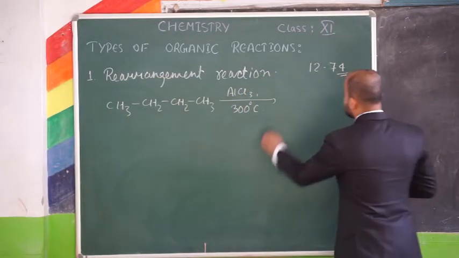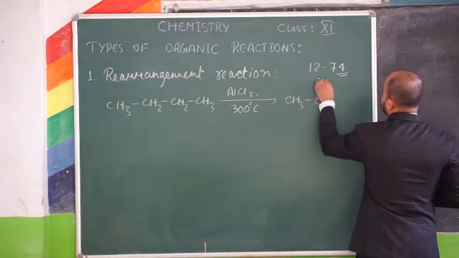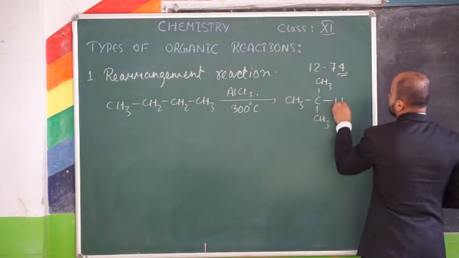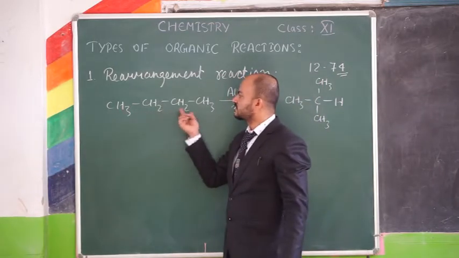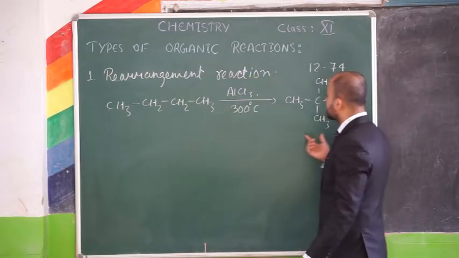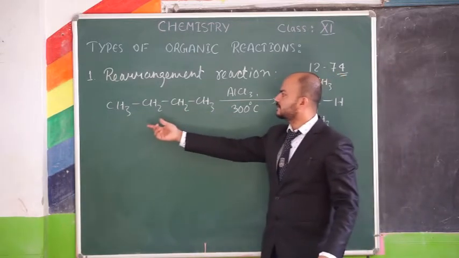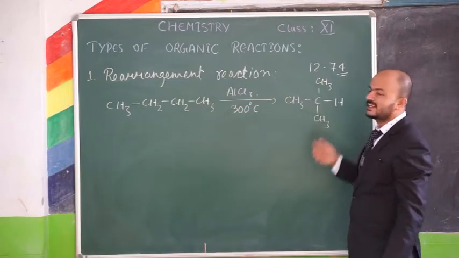So you obtain this compound, CH3, CH3, and H. You can count the number of carbons and hydrogens. It is exactly the same. Here we have 4 carbons, here also 4 carbons, and there are 10 hydrogens. Here also you can count it to be 10.